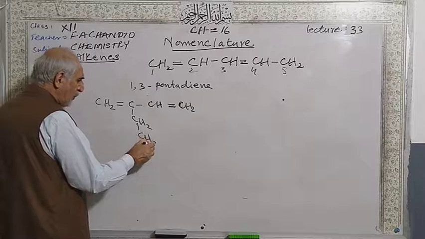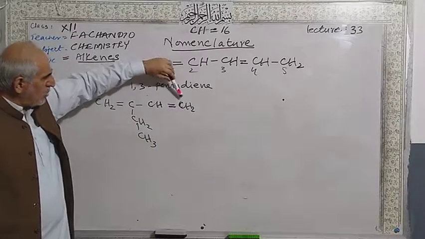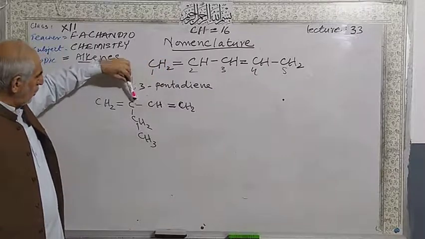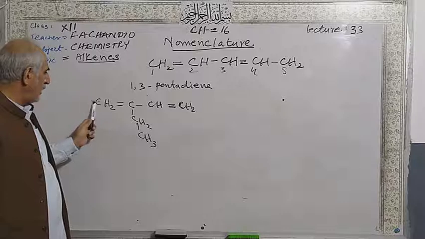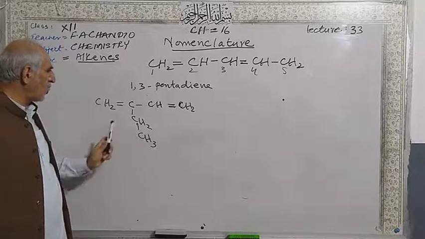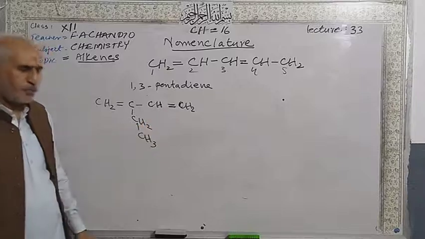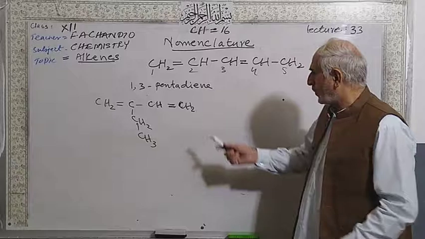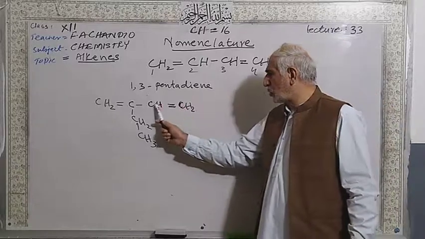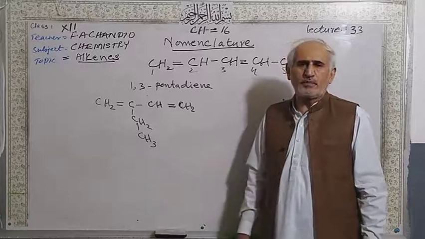If we write in this form, suppose I am going to start from here 1, 2, 3, 4, 5 longest tail, and 1, 2, 3, 4 longest tail. But if you start from here 1, 2, 3, 4, 5, this double bond is left.